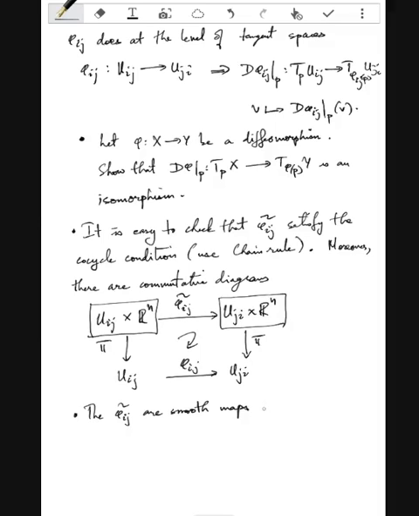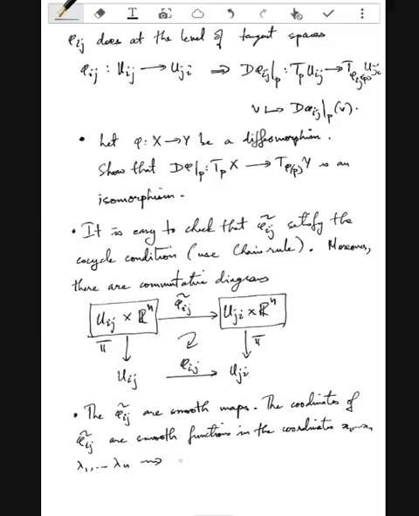And the point is that the coordinates of phi ij tilde are smooth functions in the coordinates x1, up to xn, lambda 1, up to lambda n.